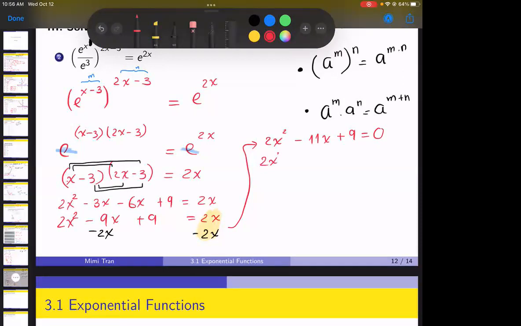So 2x squared minus 2x minus 9x plus 9. Where the 2x and 9x come from? That's what I said, 2, 9 earlier, right? You want to find two numbers that multiply to 18. Where does 18 come from? AC method, 2 times 9 is 18. And then sum is the middle coefficient, which is negative 11.